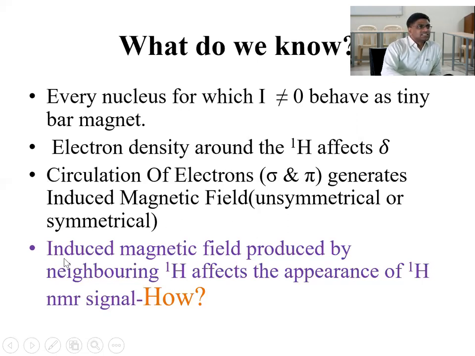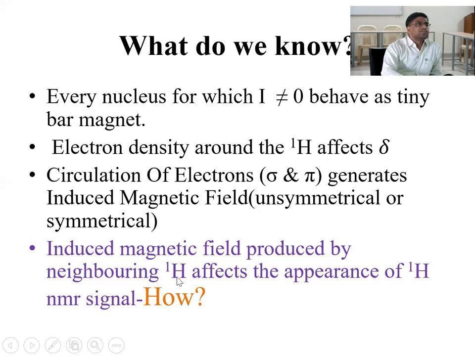Now, next is induced magnetic field produced by neighboring protons. This is a very important point because today's topic is based on this point. Induced magnetic field produced by neighboring protons affects the appearance of proton NMR signal.